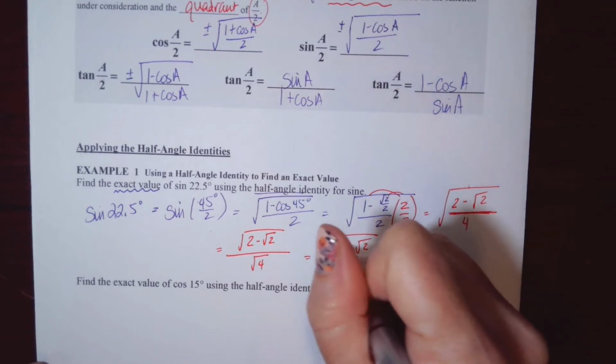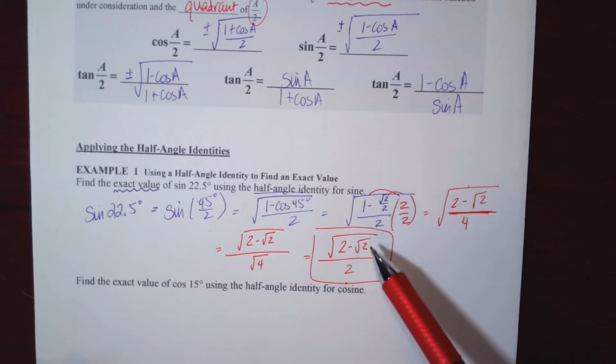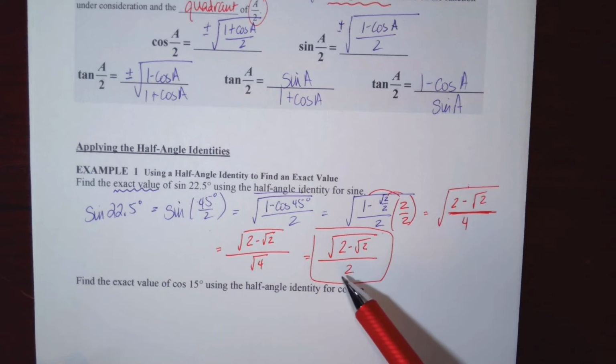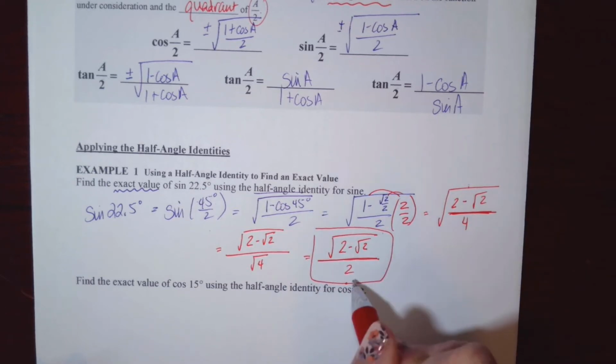I don't need to do anything else with that. I am done. So my numerator is the square root of 2 minus square root 2, and my denominator is 2. I'm pointing this out more than once because you've got to make sure that when you input your result into MyMathLab, you get everything in its proper place. The denominator is not underneath the radical.